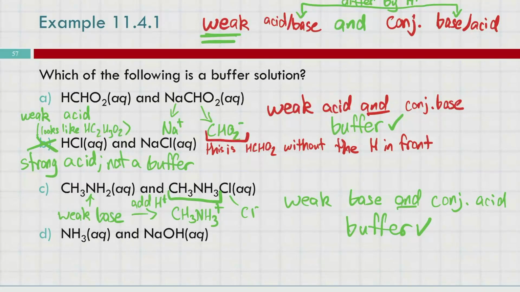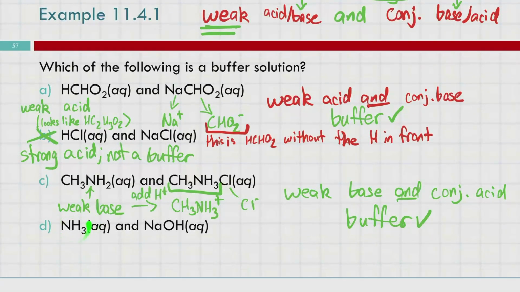In D, is NH3 an acid or a base? It's a base. What kind of base? It's a weak base. To have a buffer, we need also its conjugate. So for a weak base, that would be a conjugate acid.